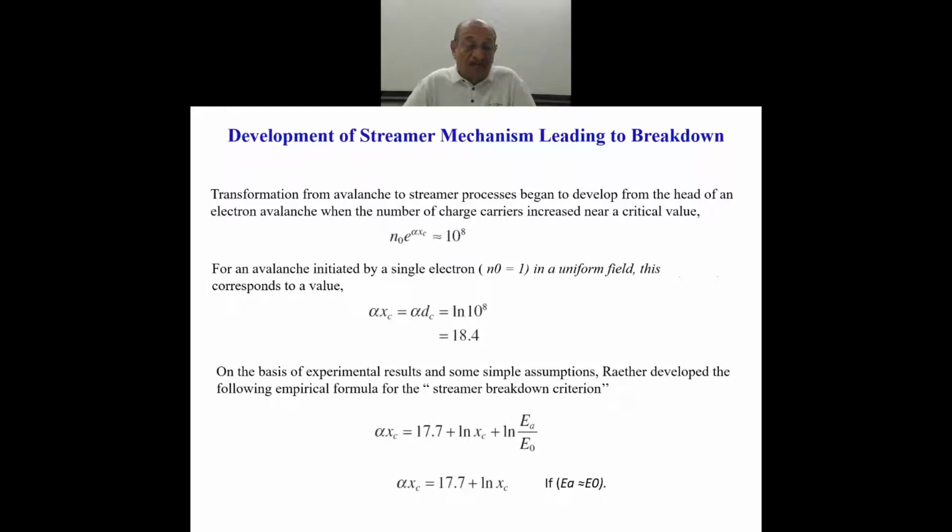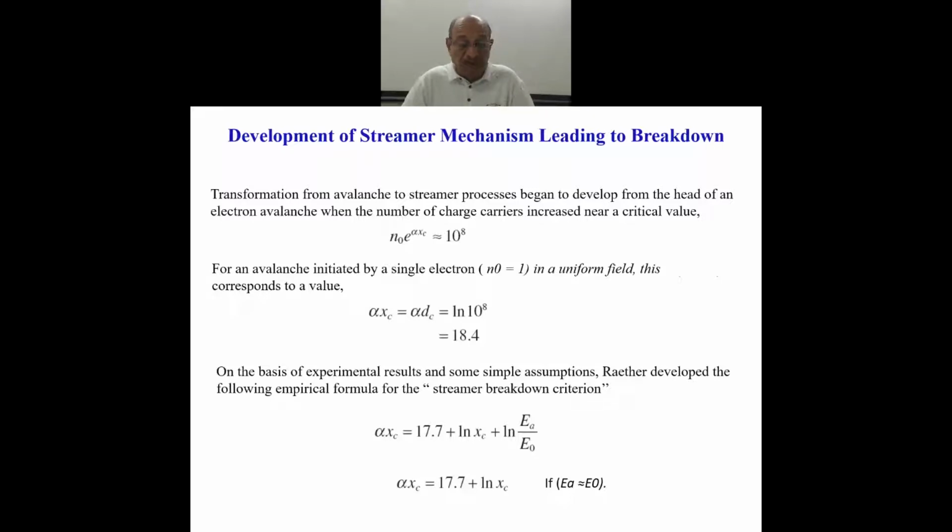For an avalanche initiated, suppose you are able to perform an experiment where there is only one avalanche, that is, an avalanche initiated by a single electron, and n naught is equal to 1.